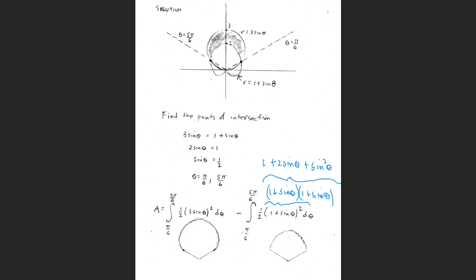All right, and then here, by the way, for 3 sine of theta, that quantity squared, you would get 9 sine squared of theta. So that's what we have on the next page.